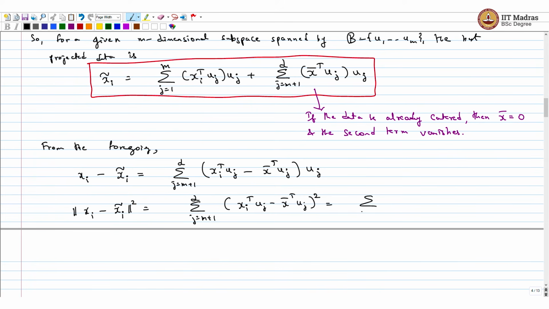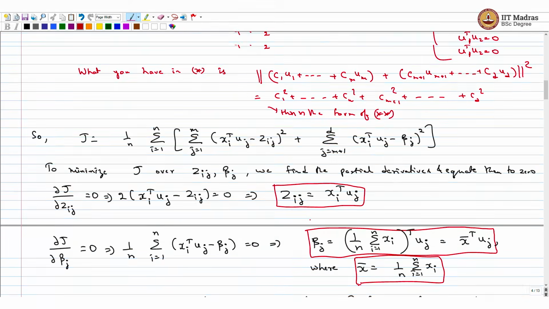This is the same as the sum over j equals m plus 1 to d, a minor rewrite, of (xi minus x bar) transpose uj, whole square. This equality follows by the logic that I have explained here.